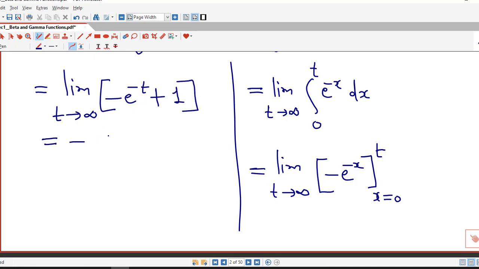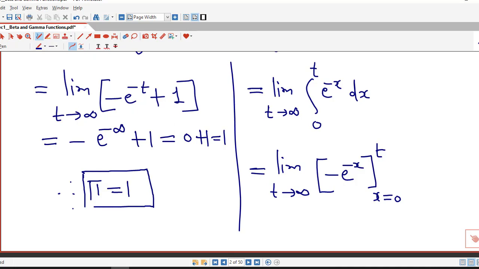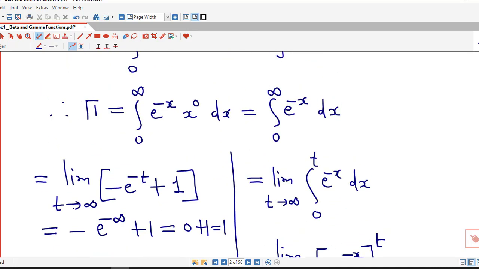If we put t equal to infinity, we have e raised to minus infinity, the limit of 1 is 1, and because e raised to minus infinity is 0, we have 0 plus 1, that is 1. Therefore we have shown that the value of the gamma function at n equal to 1 is 1.